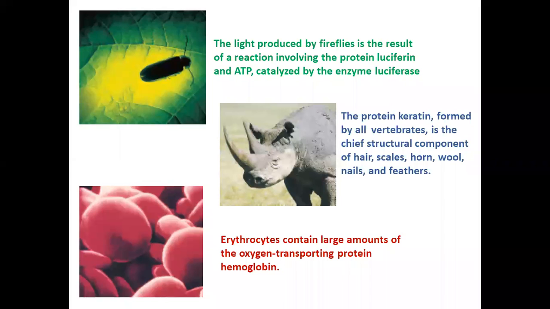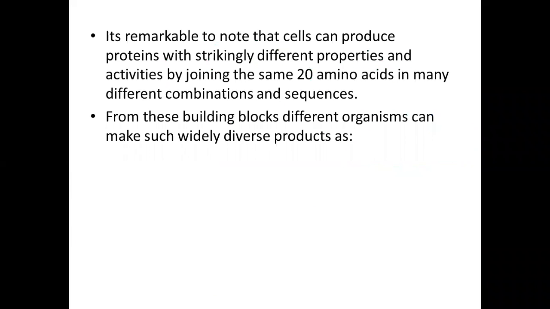So the protein keratin you can also find in horns. It would have a different structure. So imagine the differences in the kinds of protein when there are only 20 amino acids, the basic structural unit of proteins.